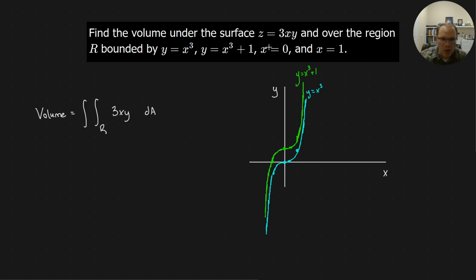And then I am also bounded by x equals 0 and x equals 1. So x equals 0, that is the y-axis. And x equals 1, that's this line right here. Okay. And so this is the region which I want to integrate over.